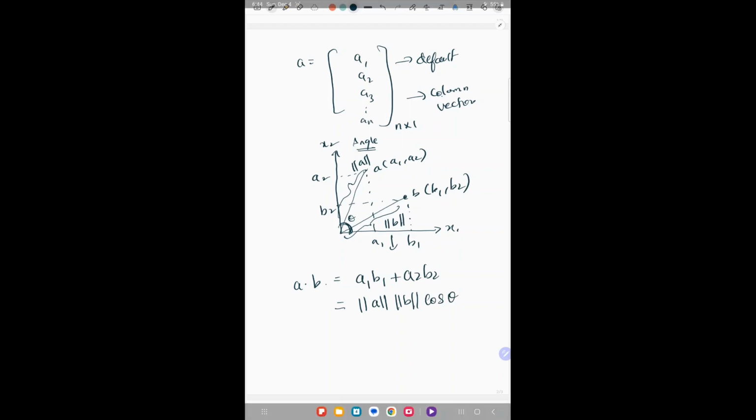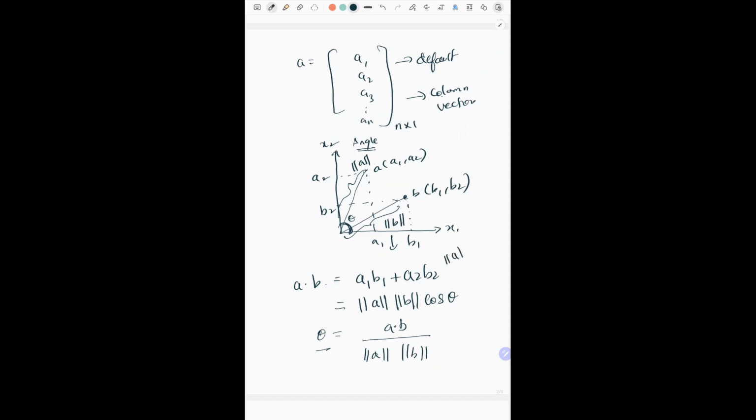Now the angle can be calculated as theta is equal to A dot B divided by norm of A, norm of B. If we know A and B, we are able to calculate theta. So what is norm here?